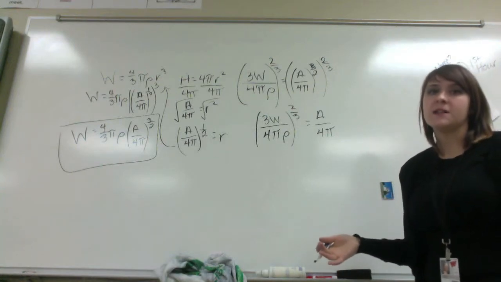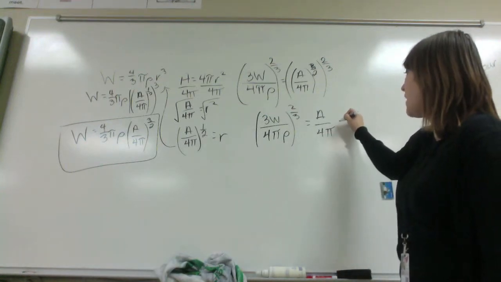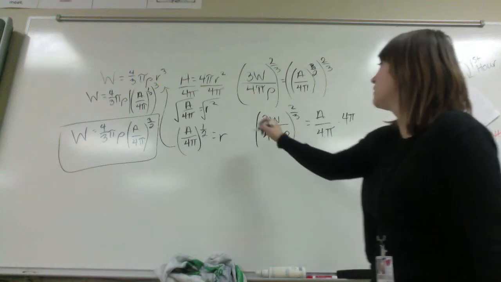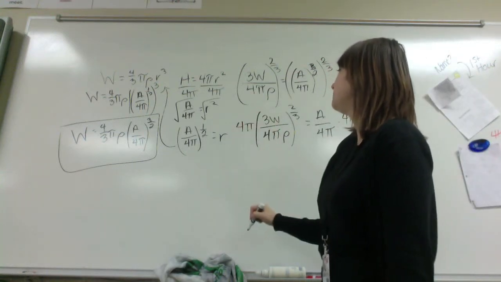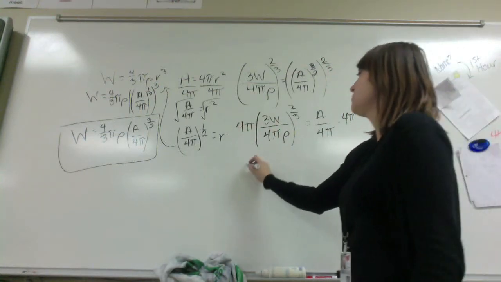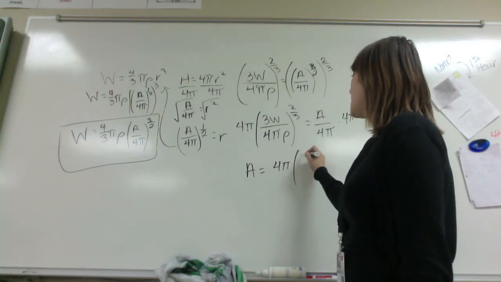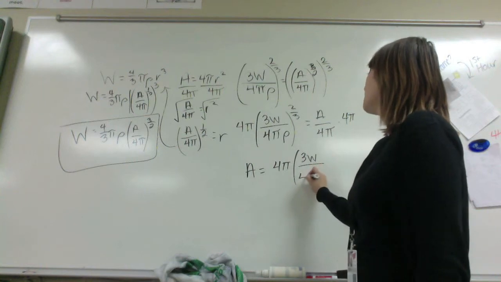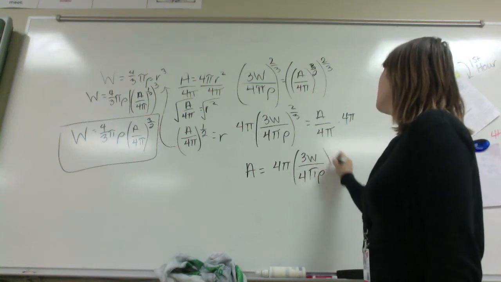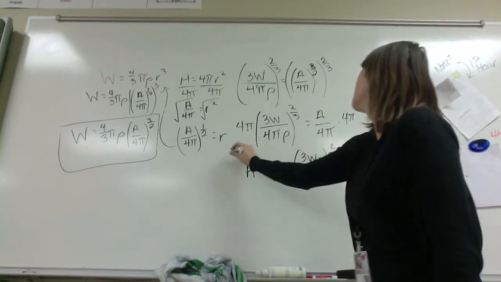Now if I want to get A by itself, I have to multiply by that 4 pi, and I have to do it to both sides. So my final answer is going to be A equals 4 pi times 3W over 4 pi rho to the 2/3.